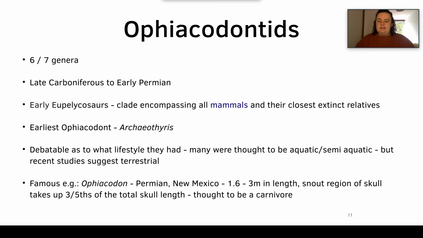So the Ophiacodontids, there are about 6 or 7 genera, and they range from the early Carboniferous to the early Permian. And these are early eupelycosaurs.